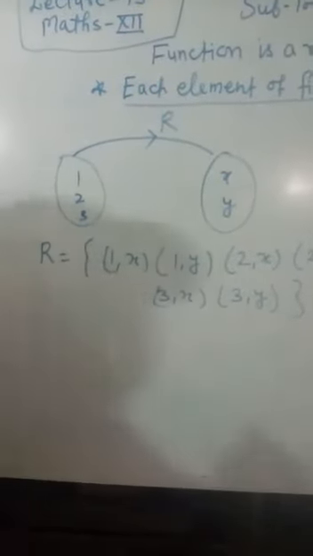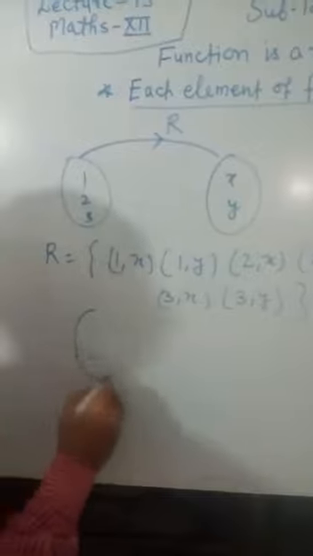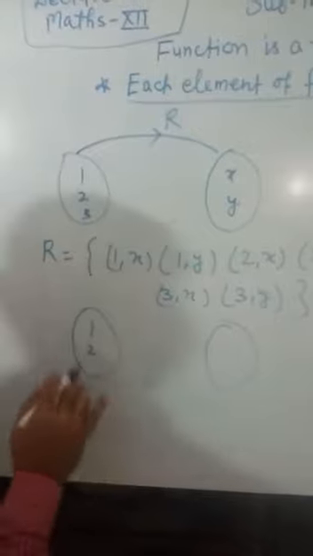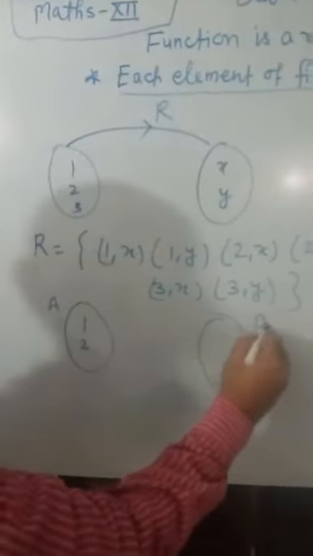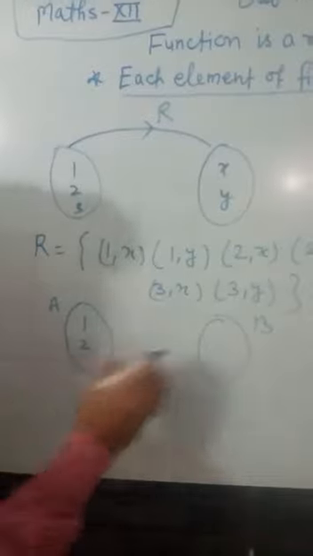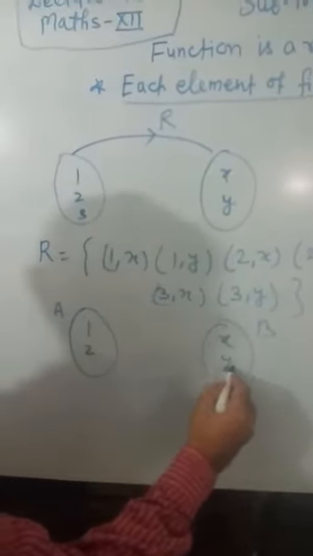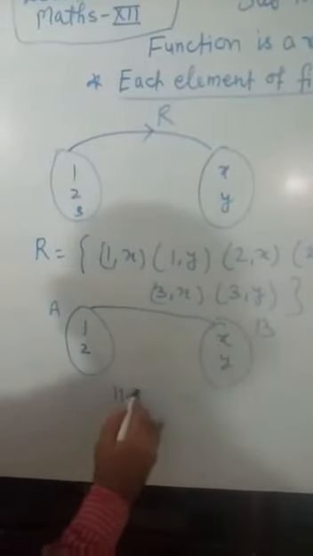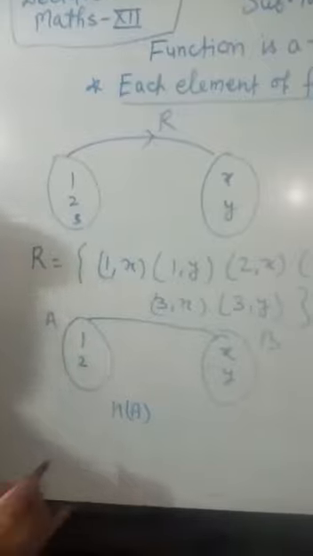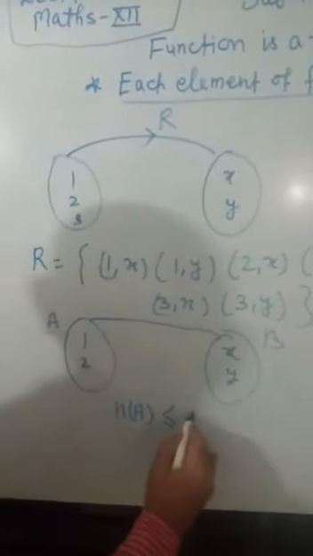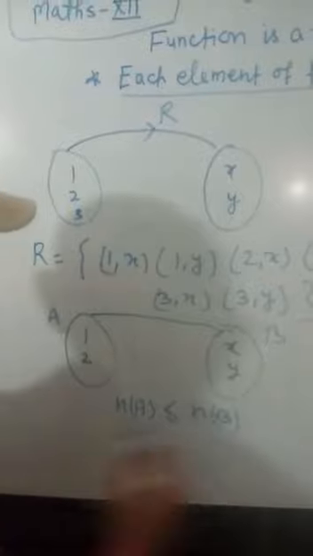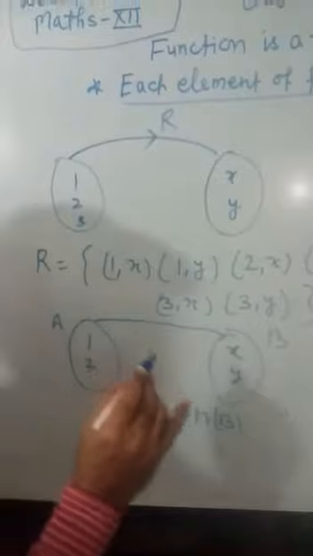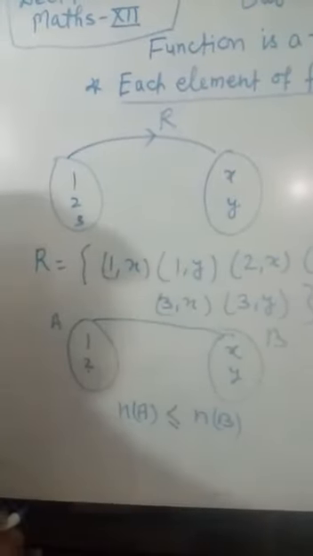But if you want to find the function, first thing, the number of elements of the first set must be equal to or less than the second set. That means n(A) is less than or equal to n(B). Each element of the first set has one and only one image.